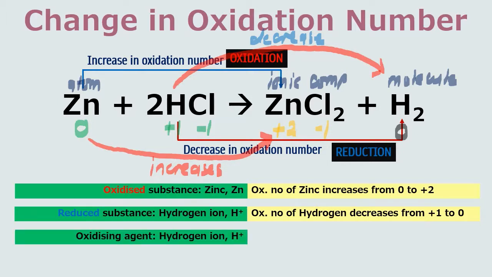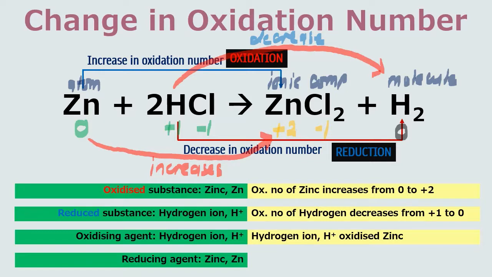Hydrogen ion is an oxidizing agent because hydrogen ions help zinc undergo oxidation, while reducing agent is zinc atom because zinc atom helps hydrogen ion undergo reduction. I can explain the change in oxidation number easily because I have memorized the rules of oxidation number. We will see the rules of oxidation number later on in the next slide.